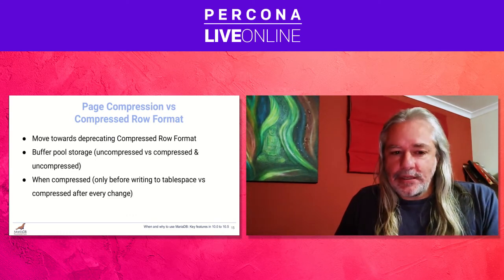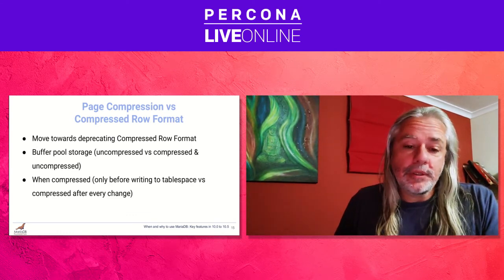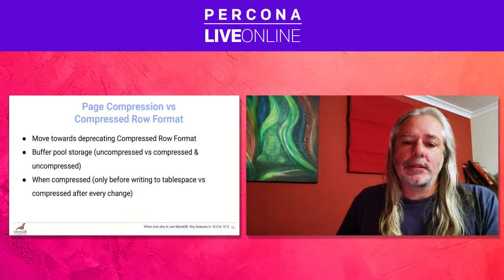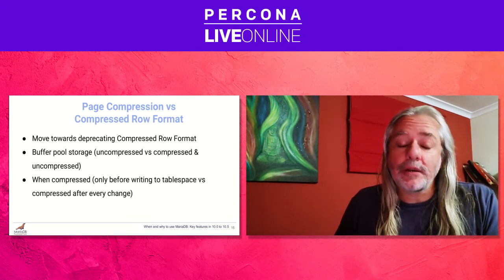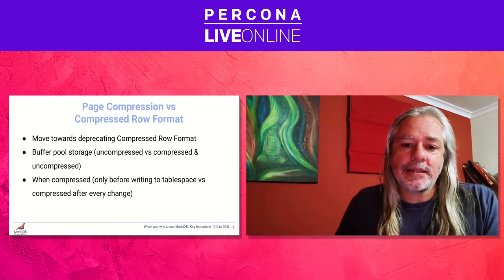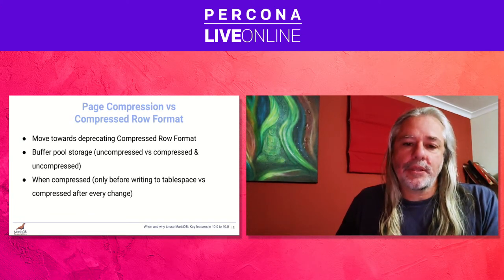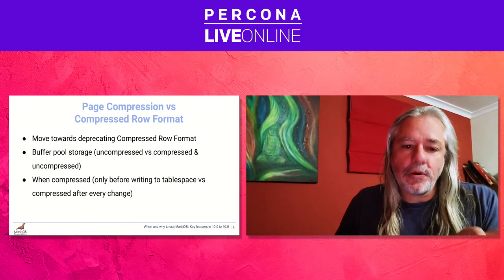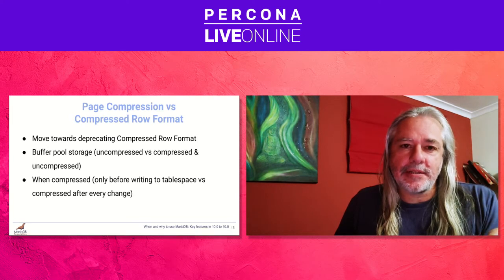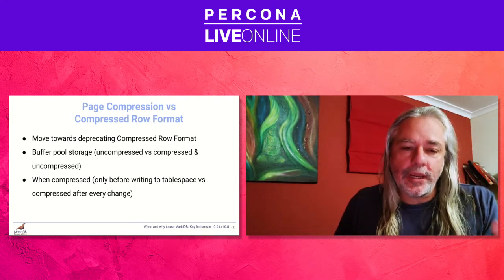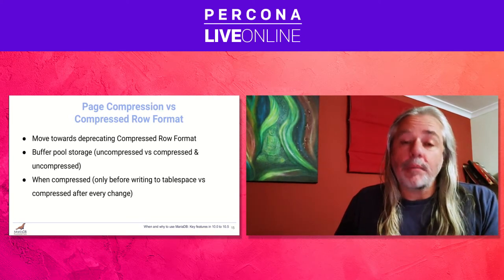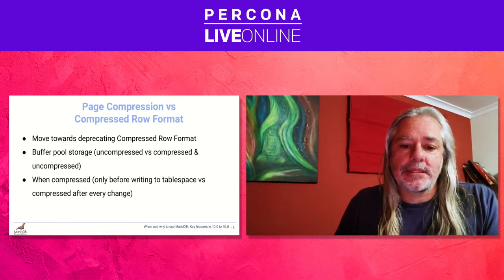Other differences, the way it's stored in the buffer pool. Compressed row format stores both the uncompressed and compressed data in the buffer pool, while the newer page compression only stores the uncompressed data. So that makes the difference as to when the compression overhead is going to have to take place.